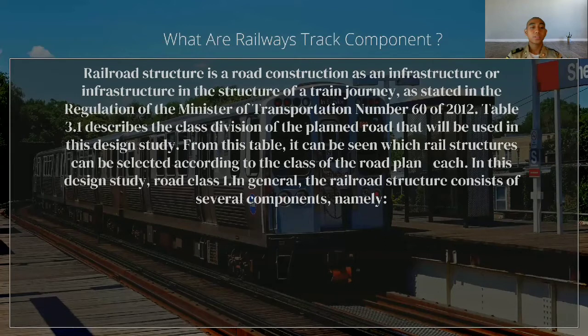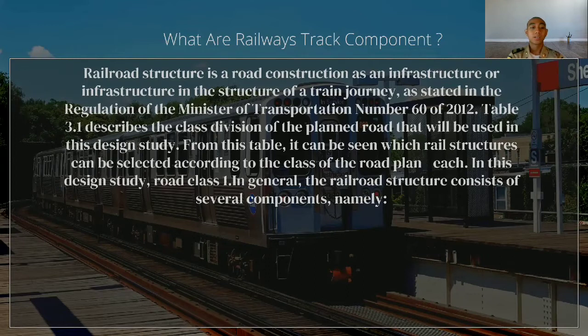Table 3.1 describes the class division of the planned roads that will be used in this design study. From this table, it can be seen which rail structure can be selected according to the class of the road planned for each.